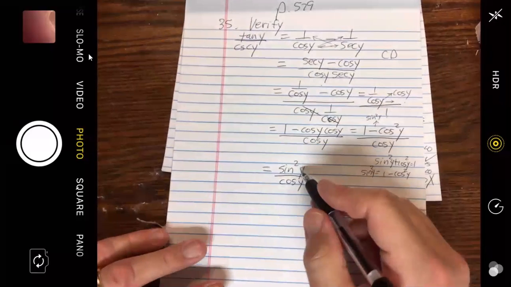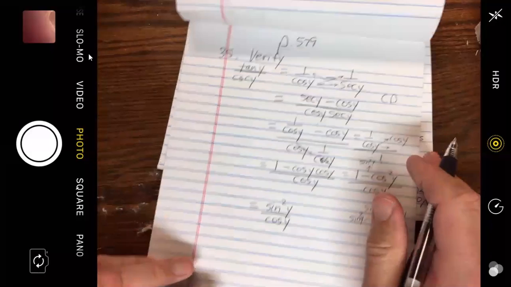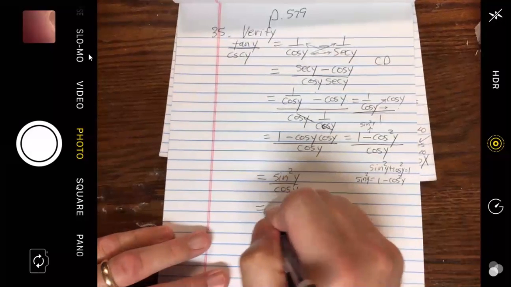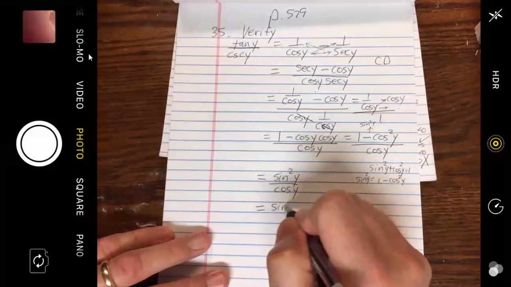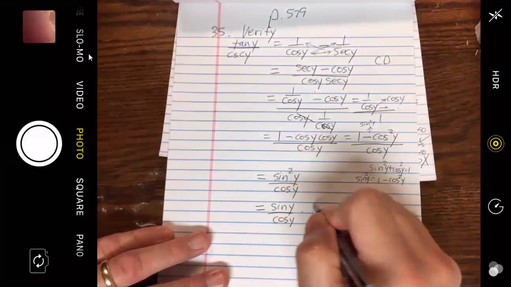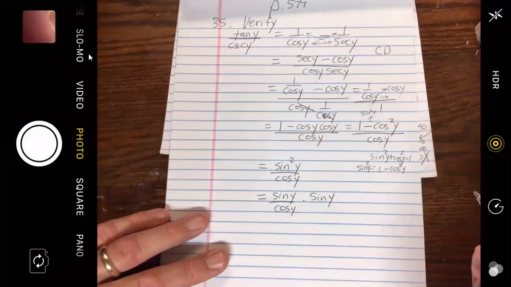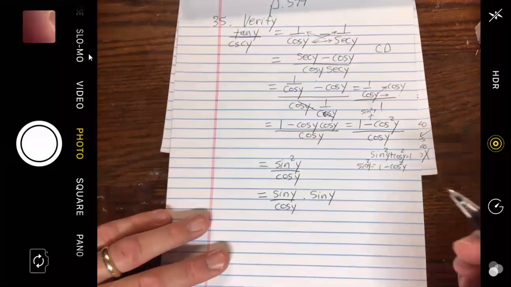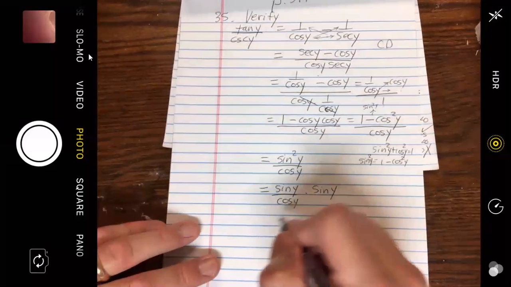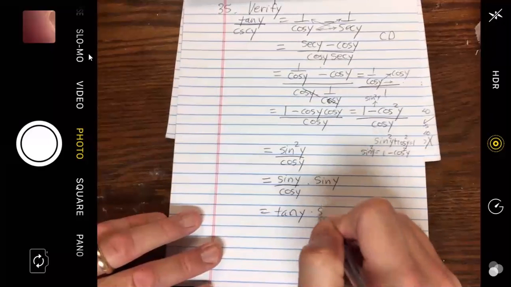Okay, I've pretty much gotten to a point I can't break this down. Let's separate it out. You can bust it out to a sine y over cosine y times sine y. Again, I could work on this and turn it to this. It's perfectly legal. There's my tangent y, but I've worked it to tangent y times sine y.